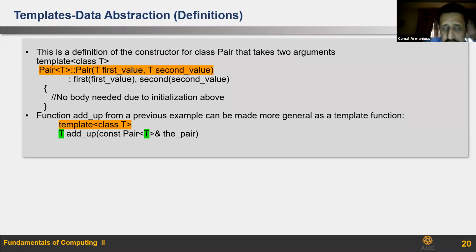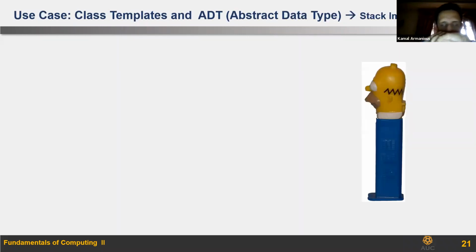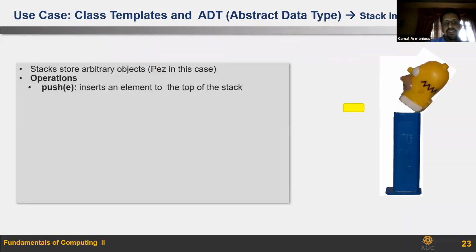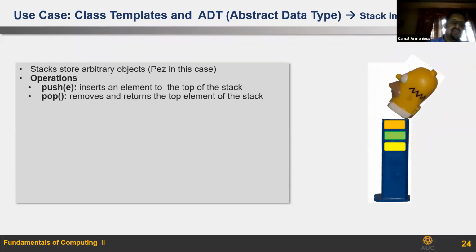So we will apply the two concepts now in a big example. And what are the two concepts? The first concept is ADT, and the second concept is templates. And we will apply it to the stack and the queue. Just reminding you what's a stack. A stack is a data structure. However, it's not a built-in data structure like the array, for example.